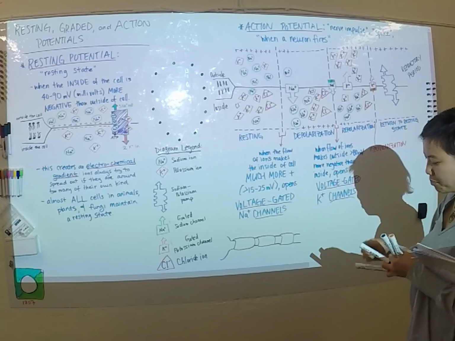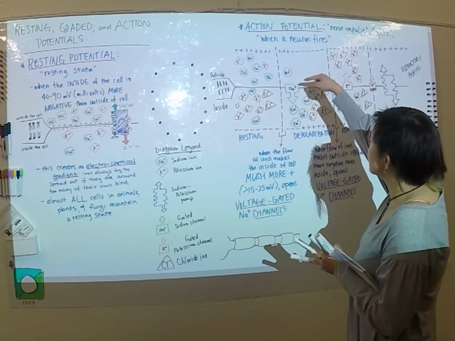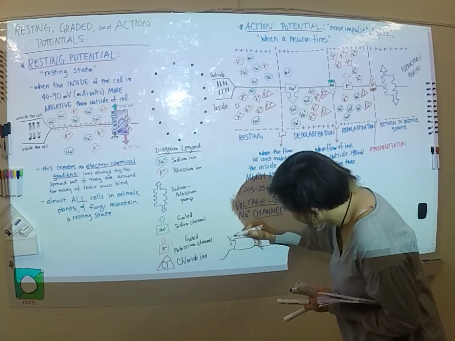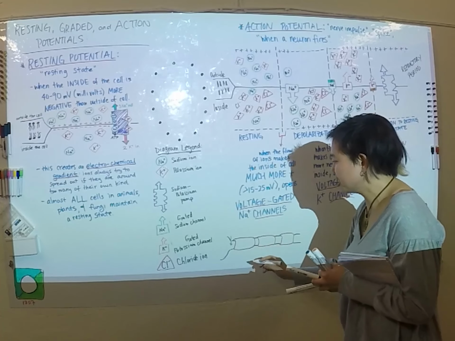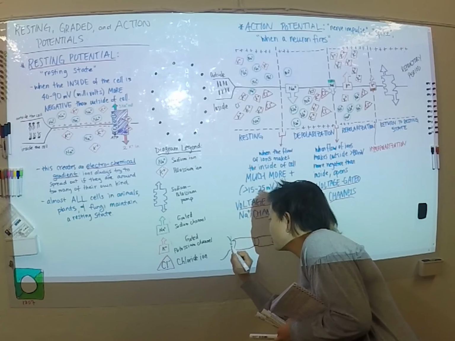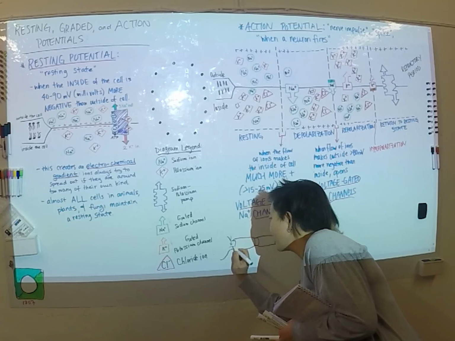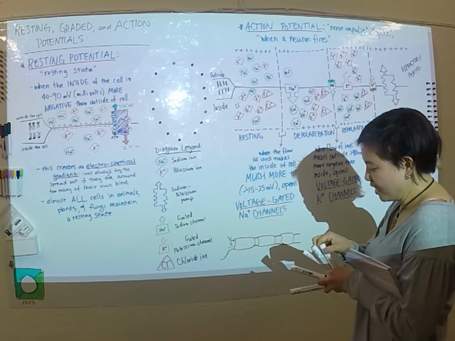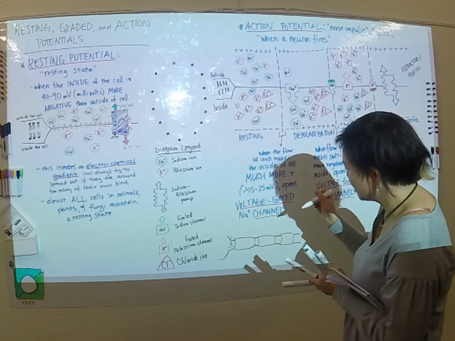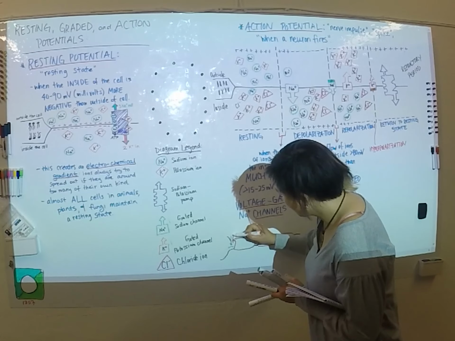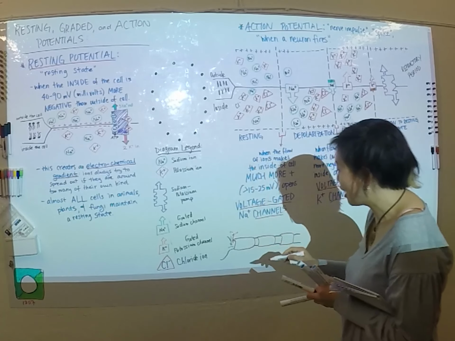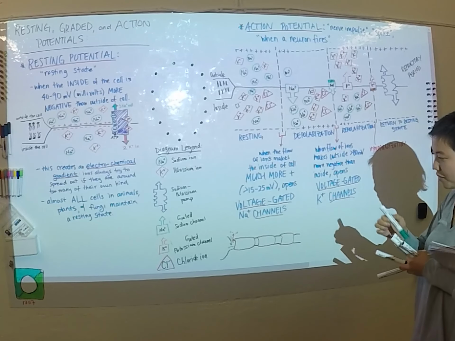Okay, so what happens? So first, sodium rushes in. Okay, sodium rushes in and it's going to spread out inside of the axon membrane. Okay, after sodium rushes in, potassium rushes out, and that also is going to spread out outside of the cell.